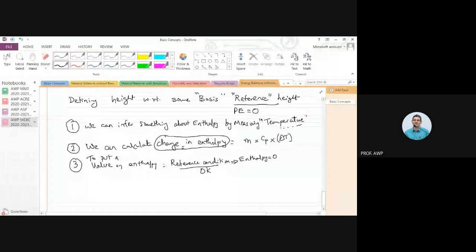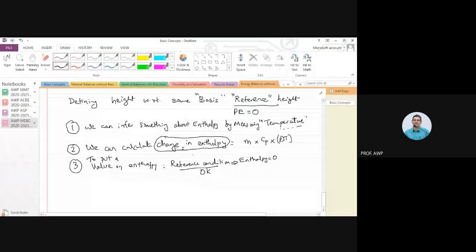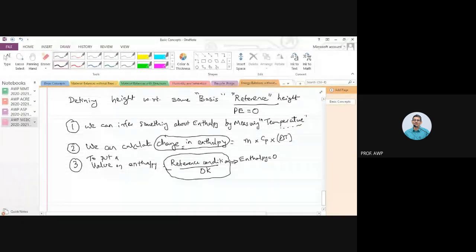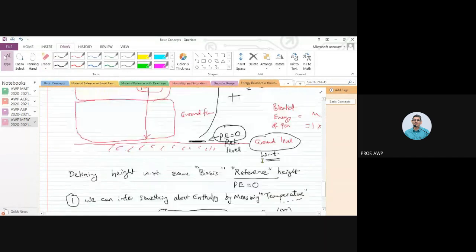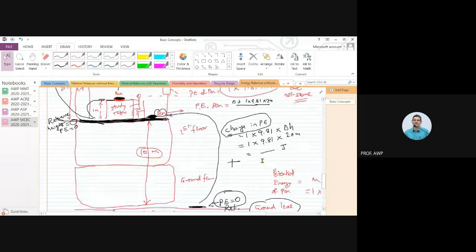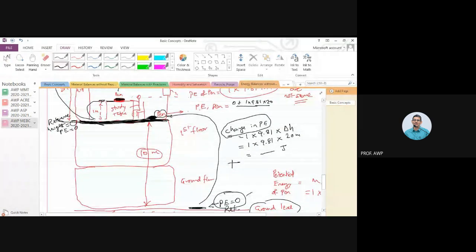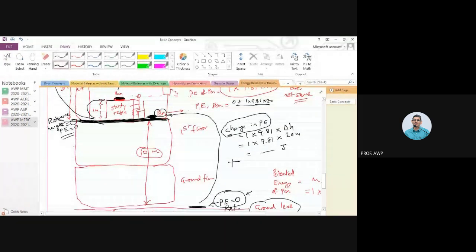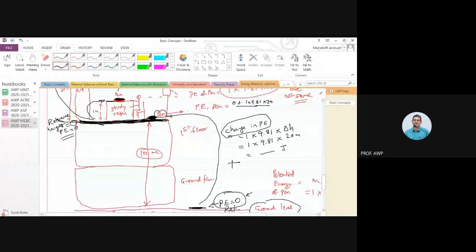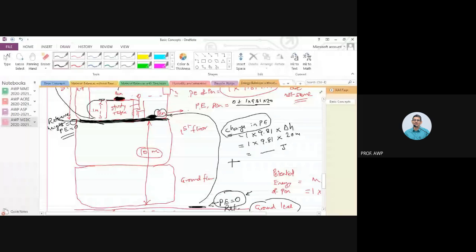Therefore, with respect to this reference, the enthalpy of that substance is so many joules, right? Just like the potential energy. We say reference is 0 here, or reference is 0 here. With respect to this reference, we can work out the change in potential energy, and then we can assign a value to that potential energy, right?